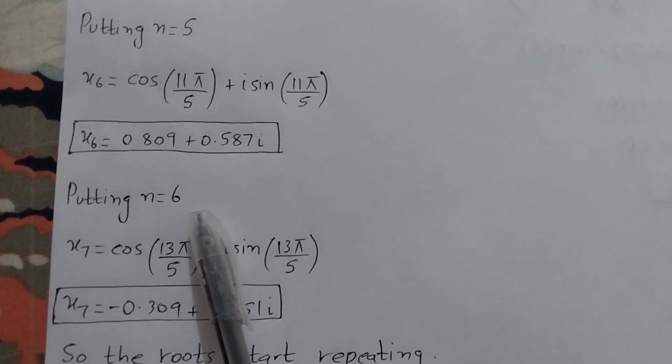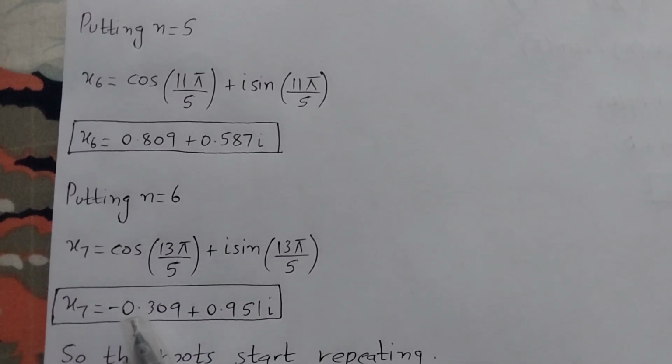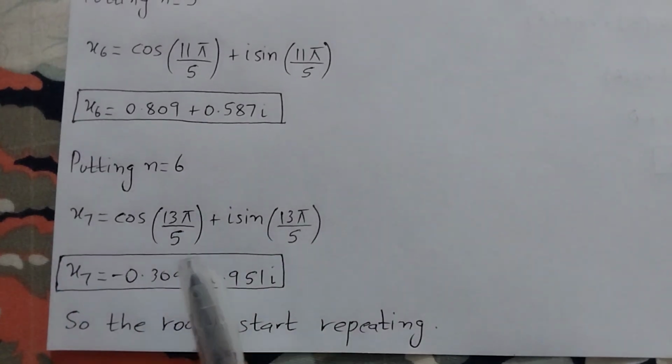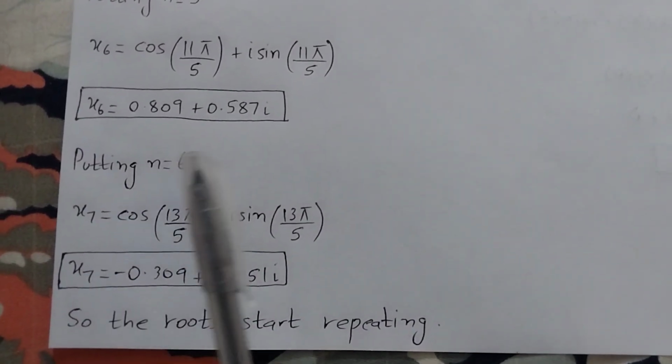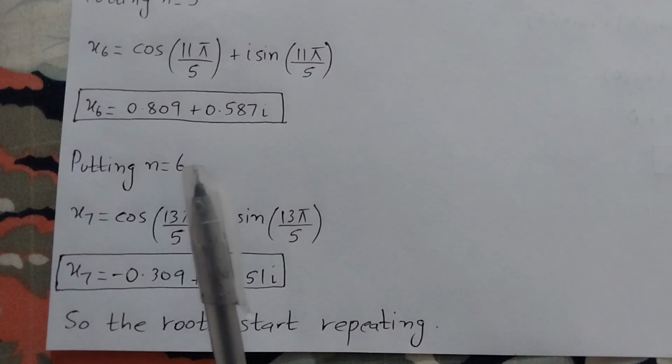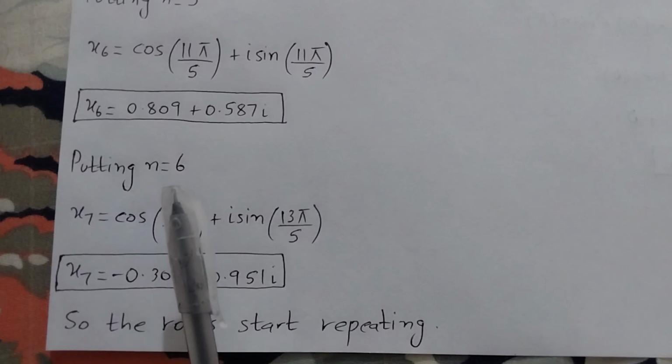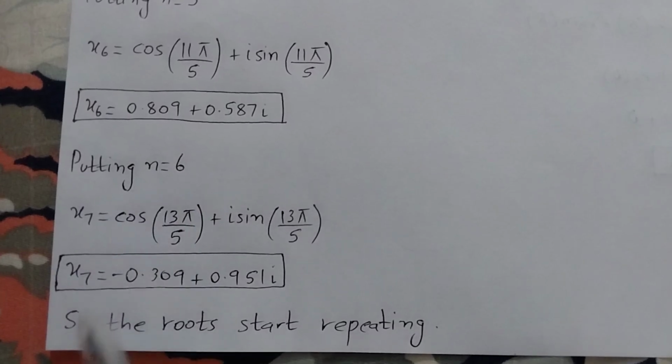Similarly, when we put n equal to 6, we end up with minus 0.309 plus 0.951 iota, which is the same as x2, our second root. So that means the roots have started repeating. So we don't need to put any further value of n in that solution because we won't be getting any distinct solution. So these 5 are the roots.